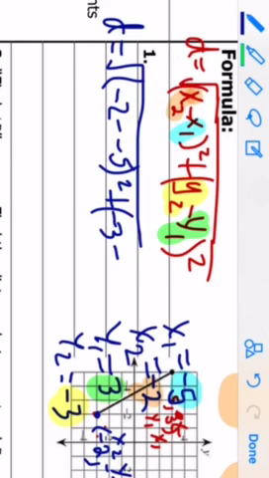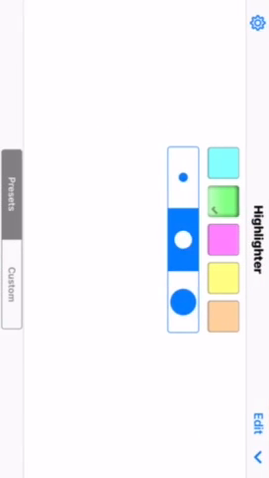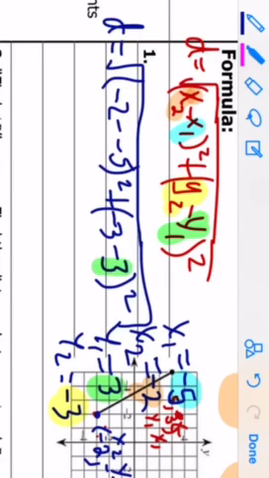So we'll have 3 there. I'm not going to do the rest of these that slowly, but just so you see where everything goes. We have y1 was 3, y2 was -3, and then we have negative 5 for x1 and negative 2 for x2. So let's simplify this and keep order of operations in mind.